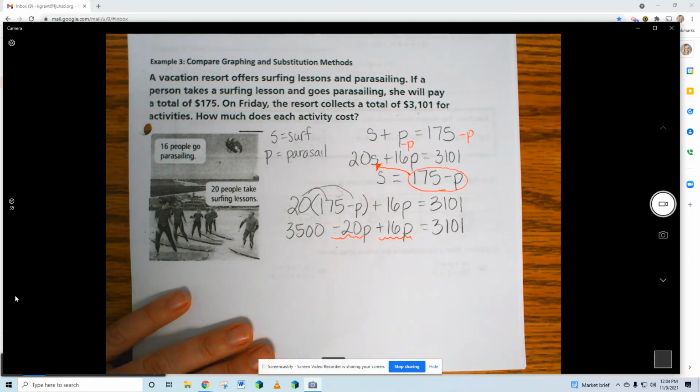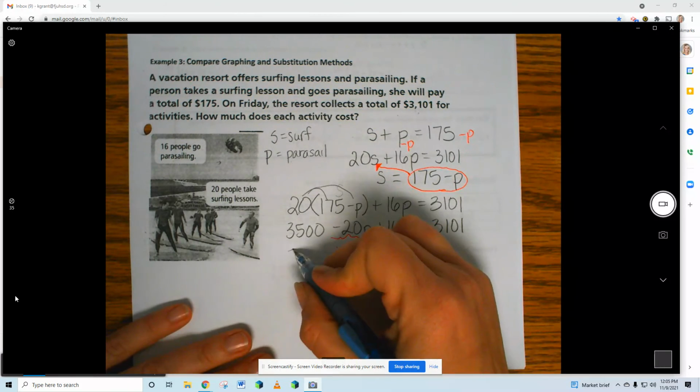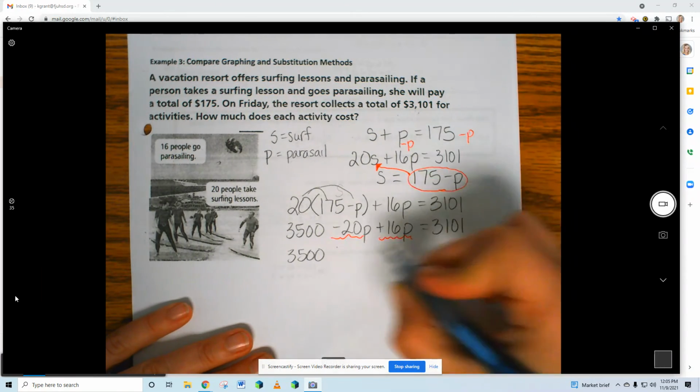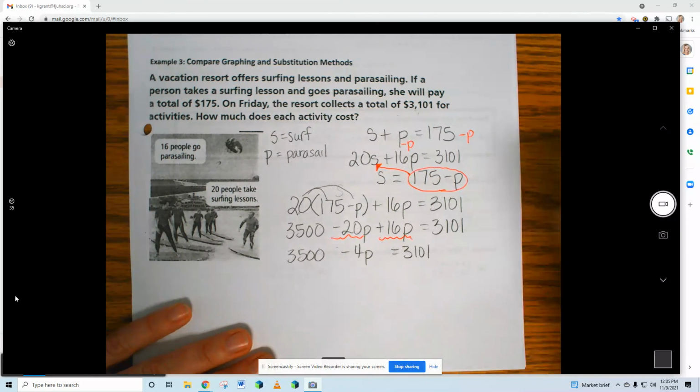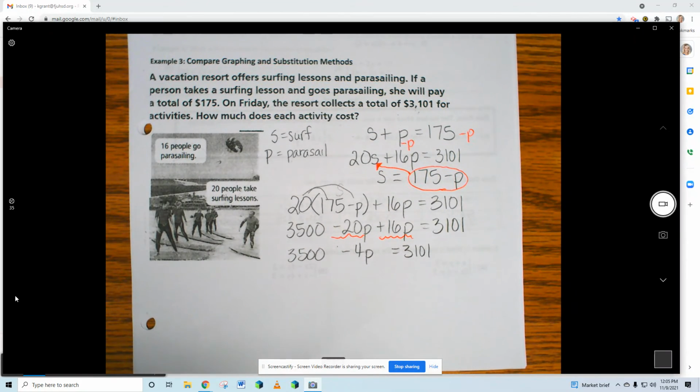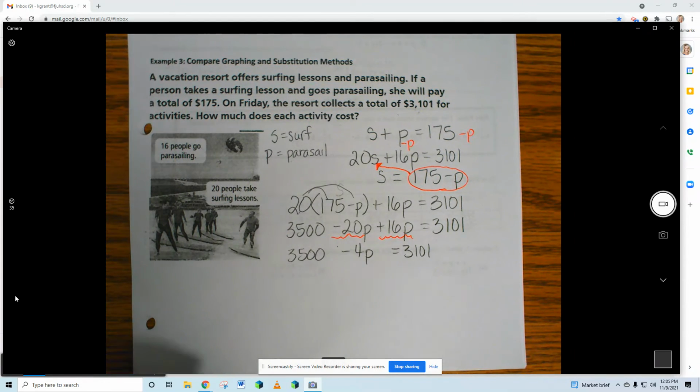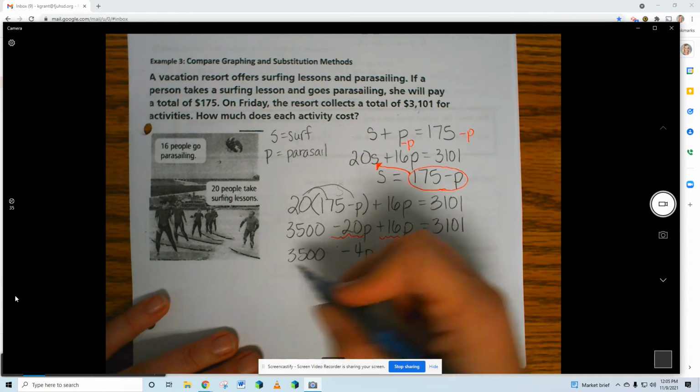I can put those together. 3,500 minus 4P equals 3,101. Subtract what?